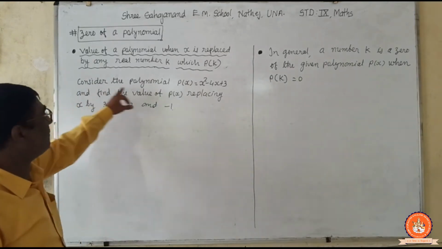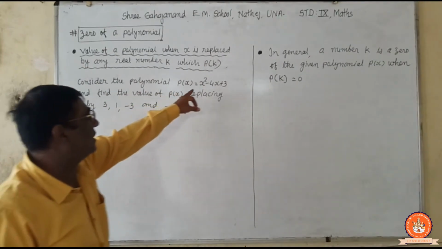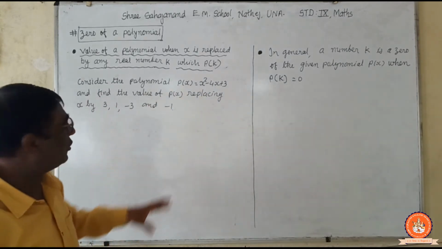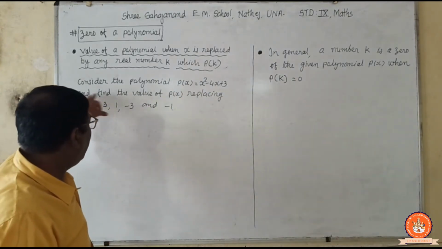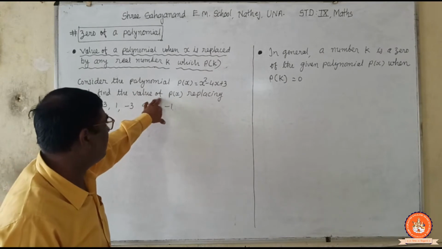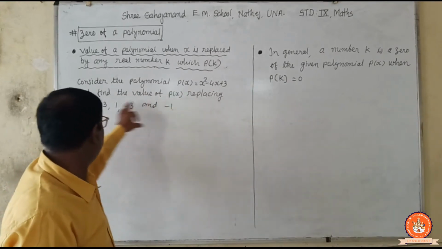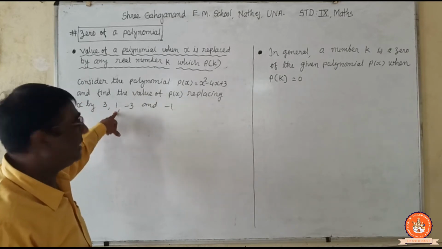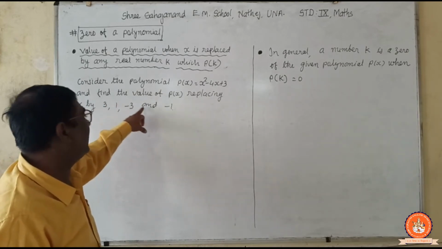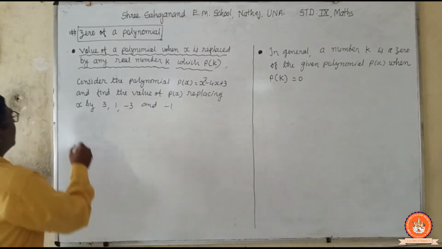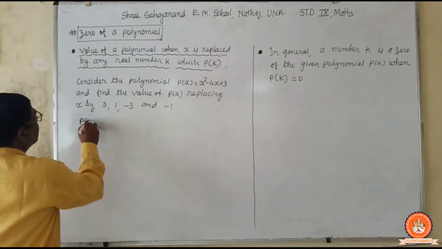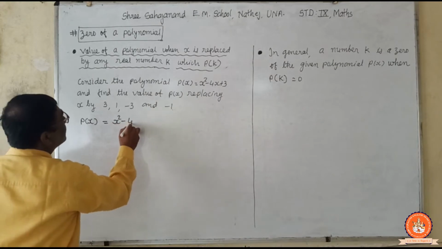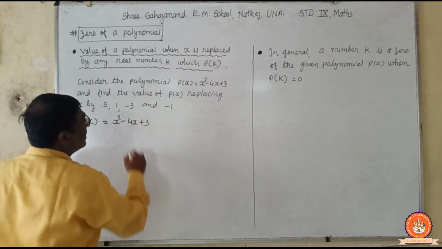So consider the polynomial p of x is equal to x square minus 4x plus 3. For example, we took this polynomial and find the value of polynomial p of x, replacing x by 3, then by 1, then by minus 3, and then by minus 1. So p of x is equal to x square minus 4x plus 3.